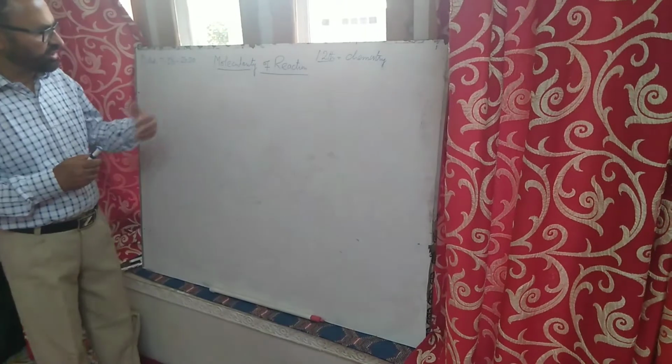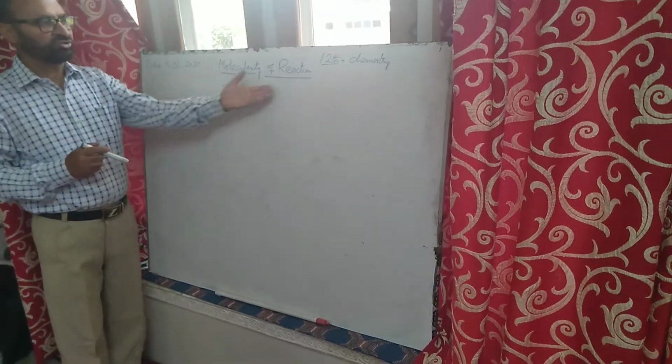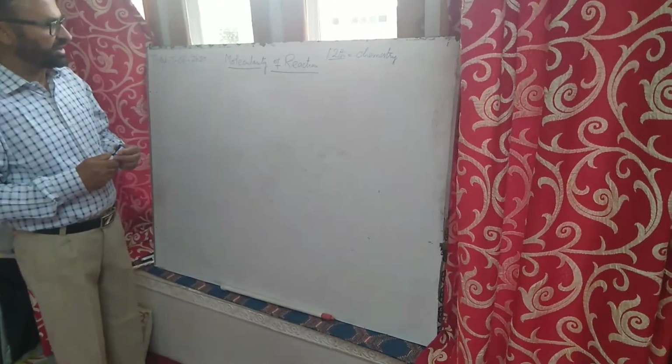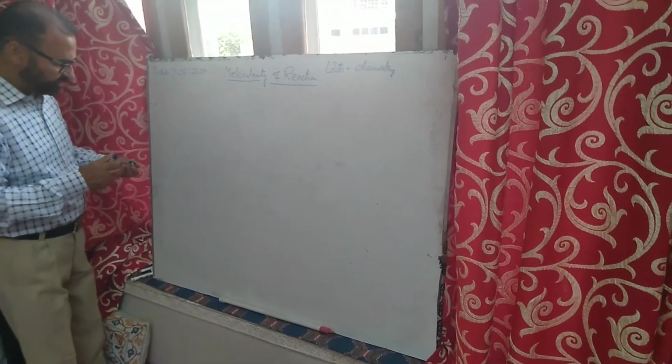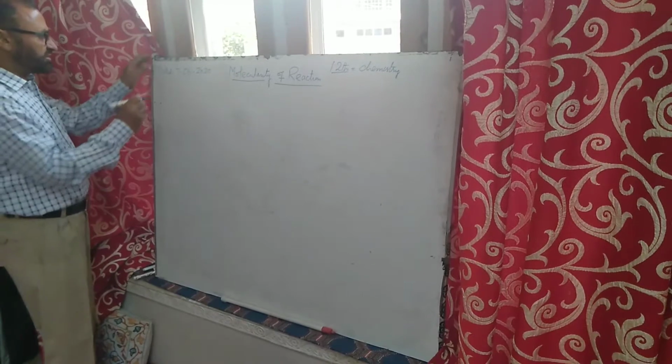Now, today we are going to another topic, that is the molecularity of the reaction. What does it mean? First of all, I will tell you the basic collision theory.